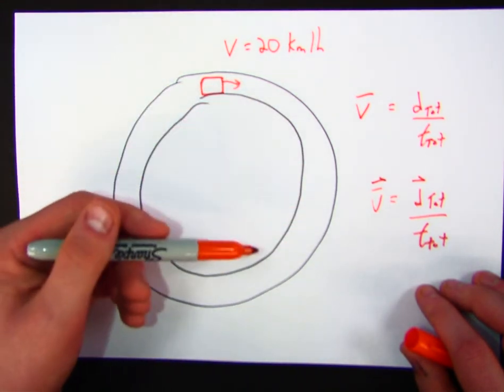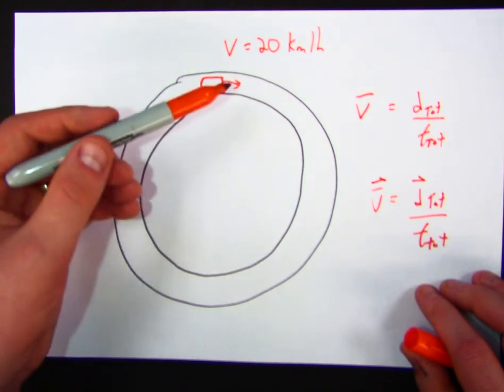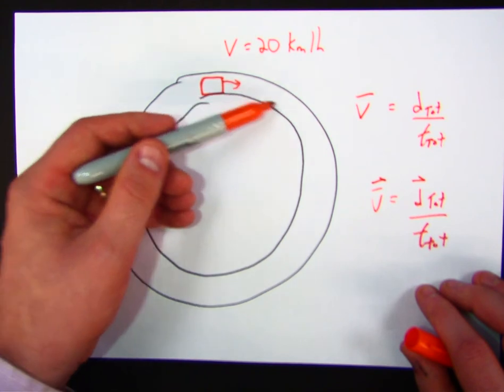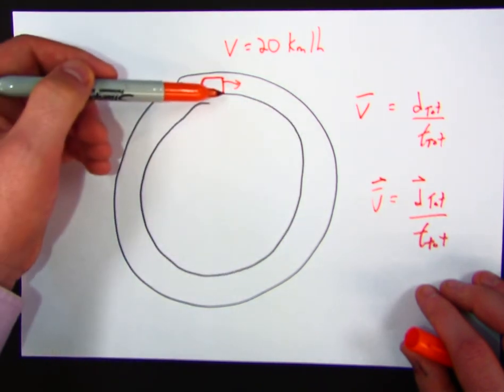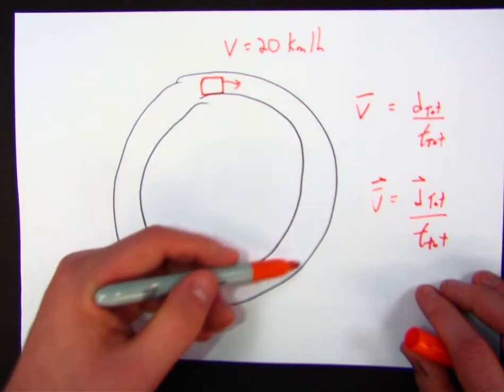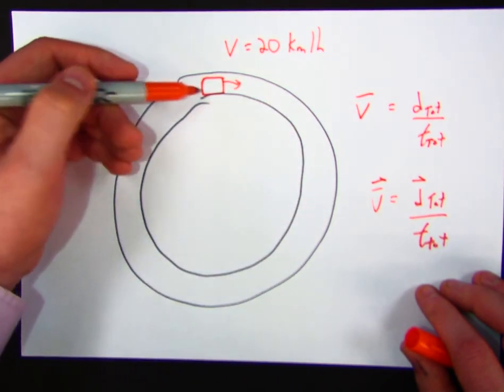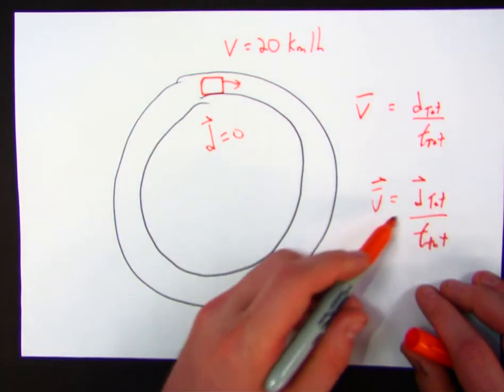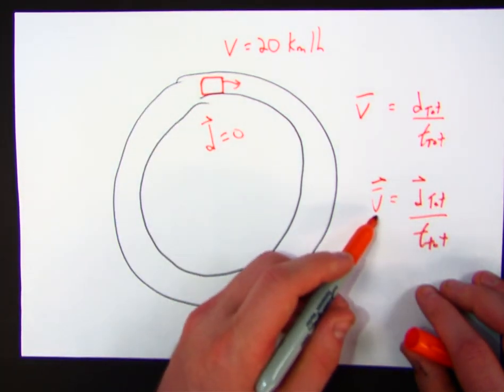If you look at this example that I've drawn up here, the average velocity in this case would be 0 if I calculate it going once around the track. The reason is because if a car went all the way around this track, it would have a displacement of 0, in which case this would be a 0 average velocity.